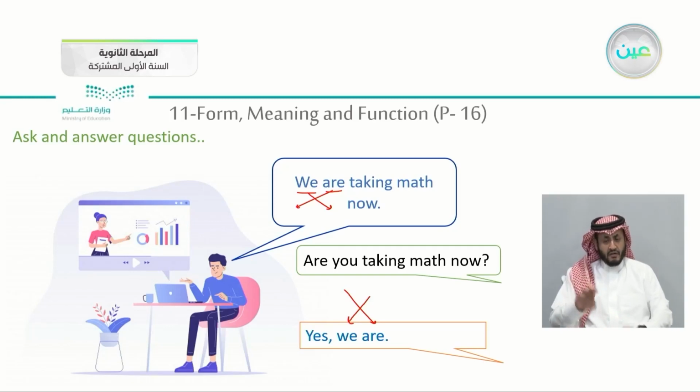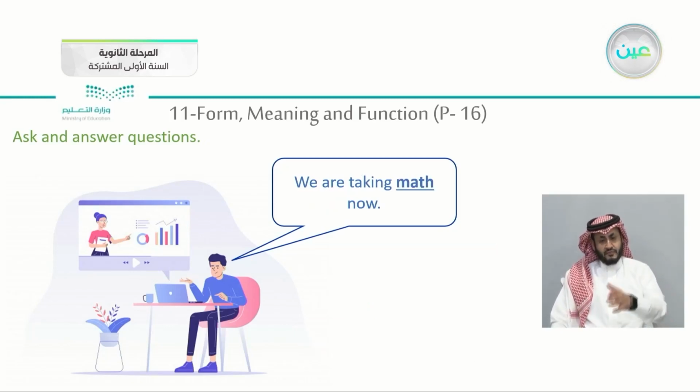We have also changed the order because the helping verb be is ready with us. How about a WH question? I want to ask a question about math. So I will start with the WH question word. What WH question word is suitable for math? It will be what, because math is something. A person, who, place, you will use where.